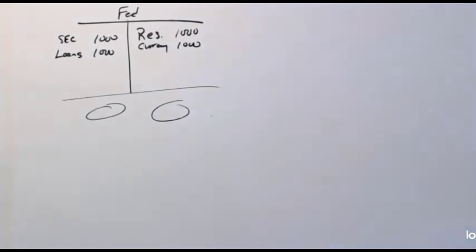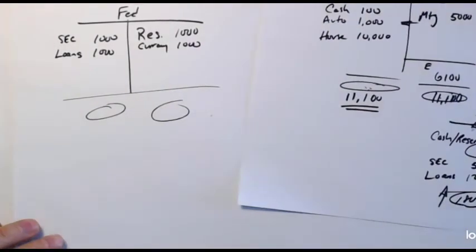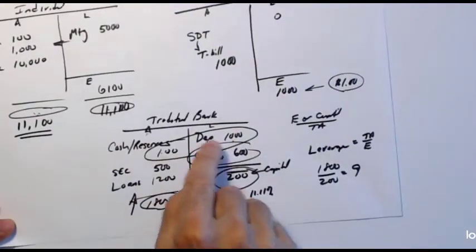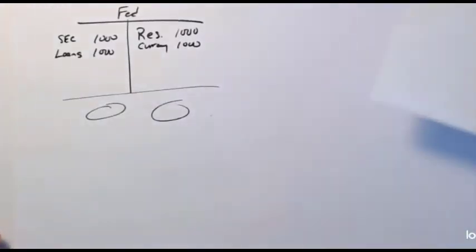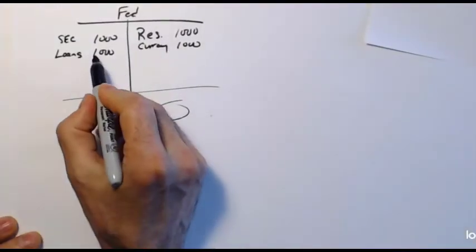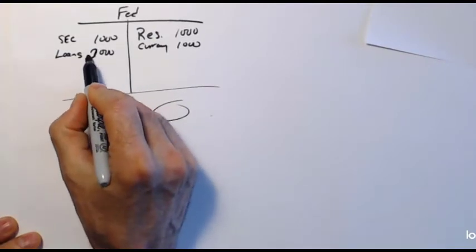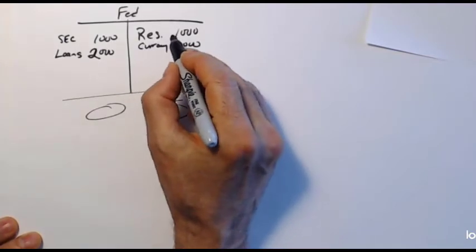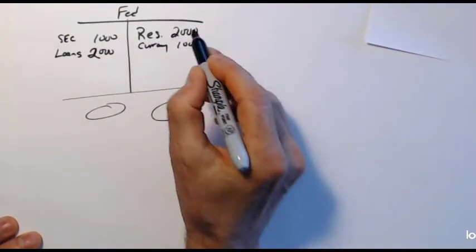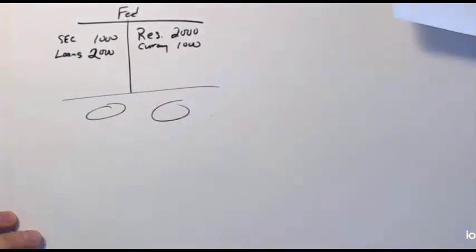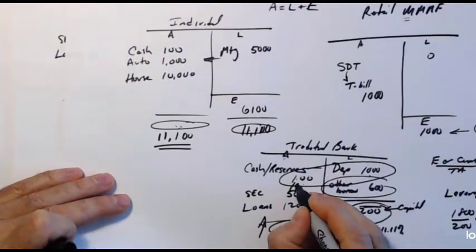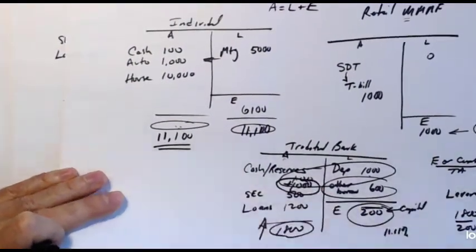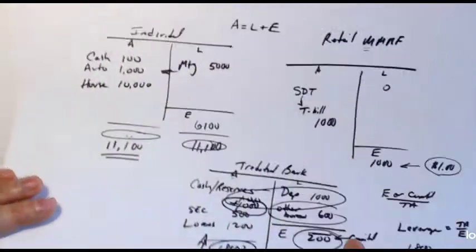So what happens if a traditional bank runs into liquidity problems is the Fed could make a loan. So it'll increase these loans, say to $2,000, and then it'll increase its reserves to $2,000, which means it'll put an extra $1,000 in reserves in this traditional bank.